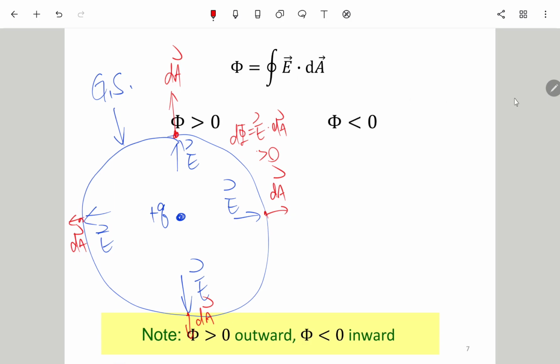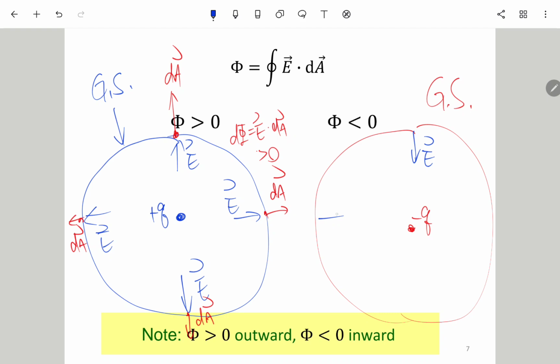Similarly, if we have a negative charge, and here we have this Gaussian surface. As I mentioned, this Gaussian surface doesn't necessarily have to be a practical surface. It can just be an imaginary surface. 是可以只是在想象中出现。In that case, this negative charge will generate an E field pointing towards the charge.